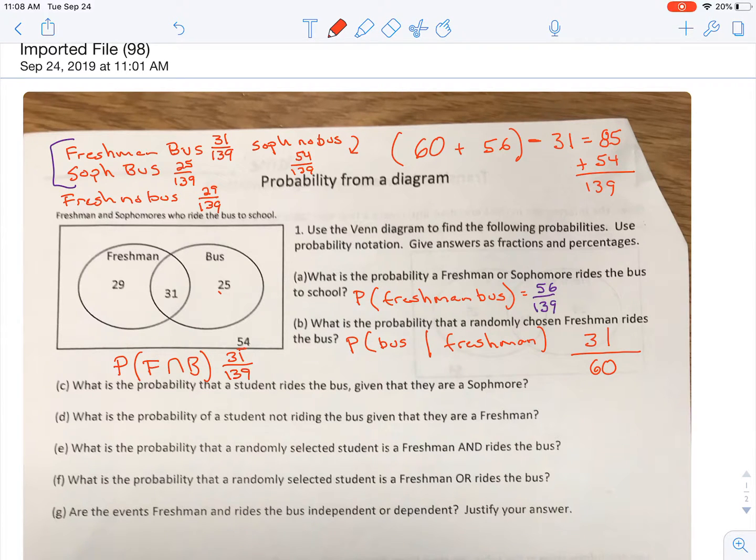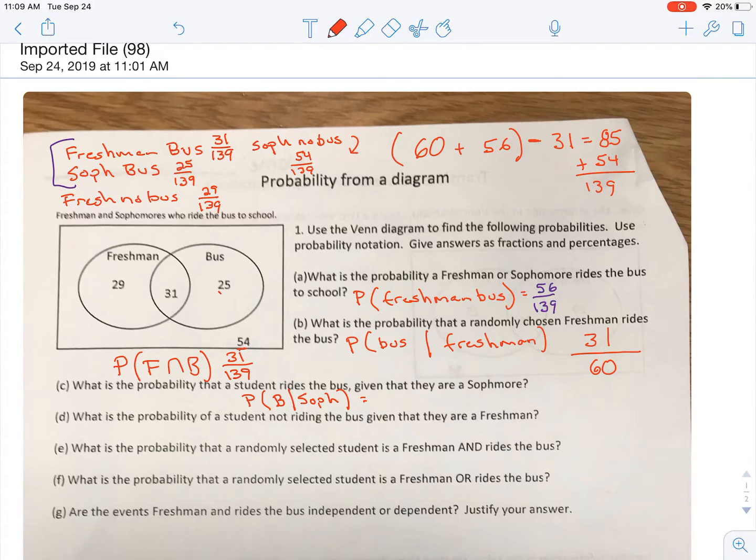C, what's the probability that a student rides the bus given that they are a sophomore? Okay, well, we've already done all this hard work at the beginning of the problem. So that is going to be 25 out of 139. But we have to have the notation down too, okay? So that is going to be the probability of bus given sophomore.